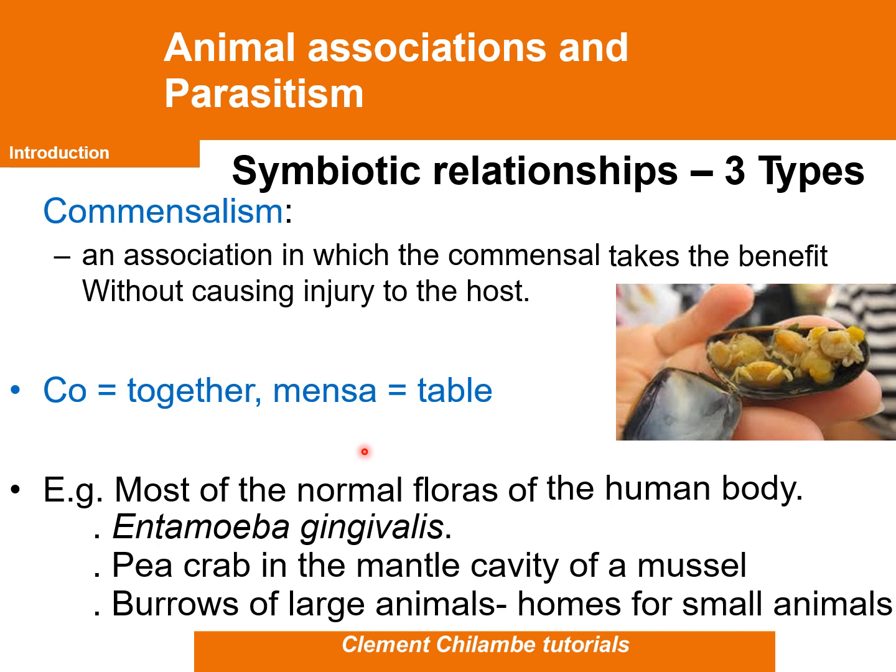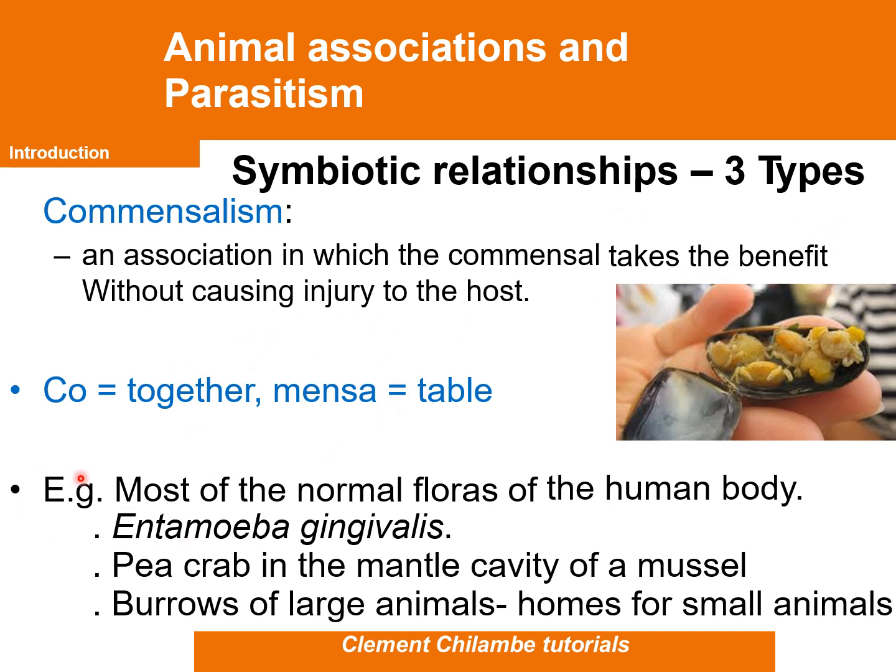Table. Right. So this is like you are feeding together on the table. Yes, there's a statement that says that. So let's just remember that commensalism is when the commensal takes a benefit without causing injury to the host.